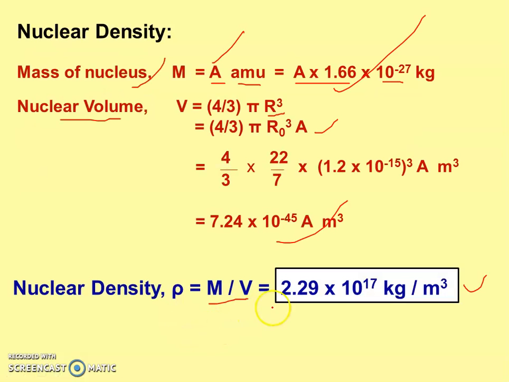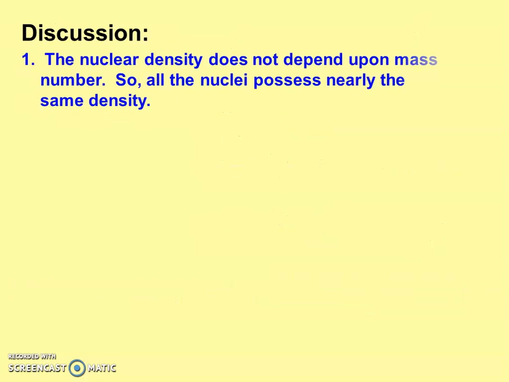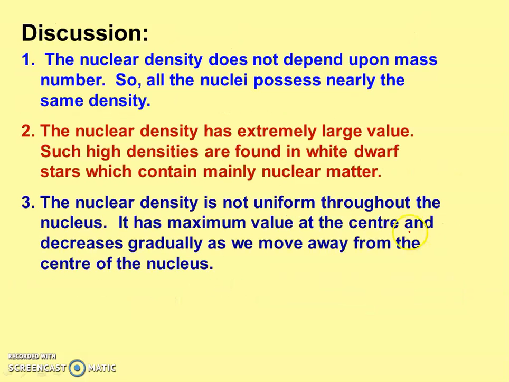In the previous slide, the value of nuclear density is of the order of 10 to the power 17 kg per meter cube. So the nucleus has such a large density. Now, third, the nuclear density is not uniform throughout the nucleus. It has a maximum value at the center and decreases gradually as we move away from the center.